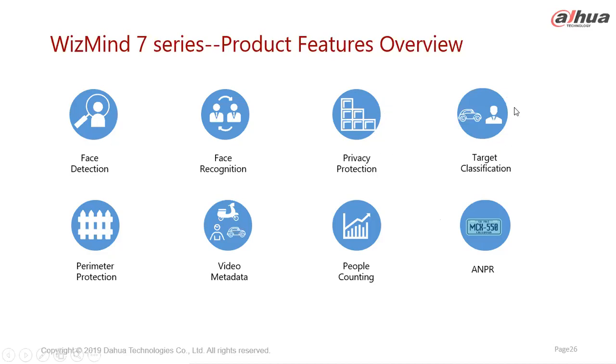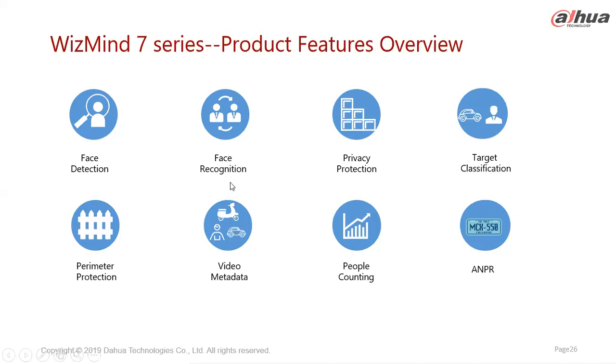All the WizMind 7 cameras support target classification. That means you can categorize an object based on whether it is a vehicle or a human, which type of vehicle, what color of the vehicle. So it's a very good camera in doing surveillance and doing analysis. All WizMind 7 cameras can also do perimeter protection.